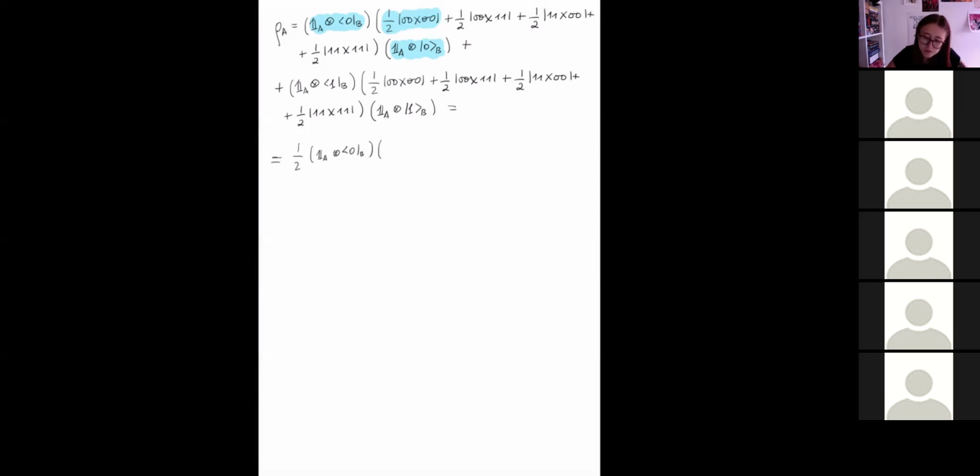Then what is 0, 0, 0, 0 on AB? This is essentially 0, 0 on A, 0, 0 on B. And here we have again 1A, tensor product 0B. So we're just analyzing this element of the sum separately.